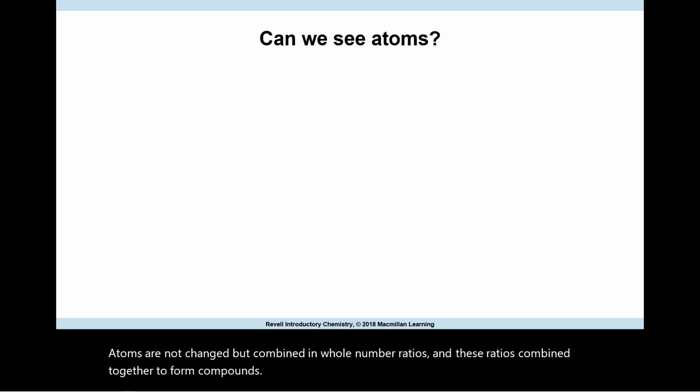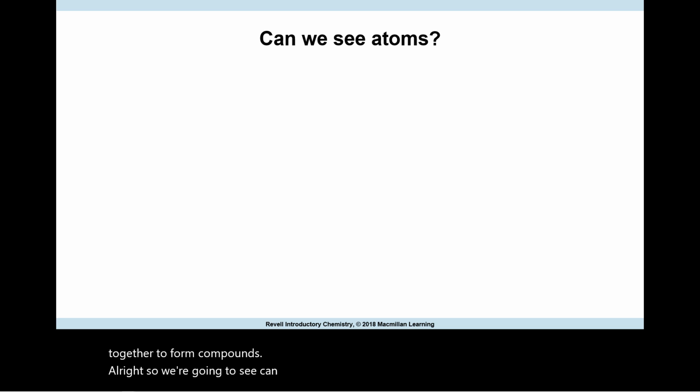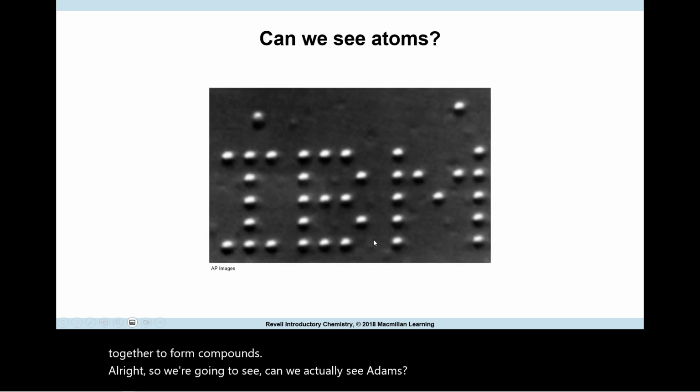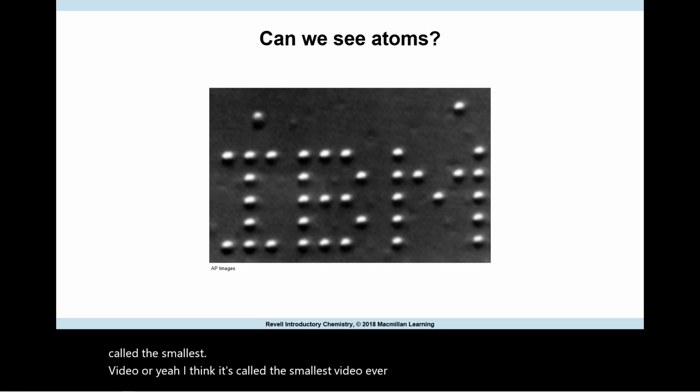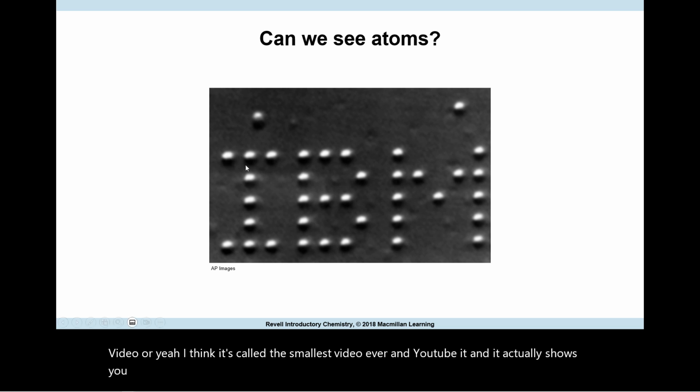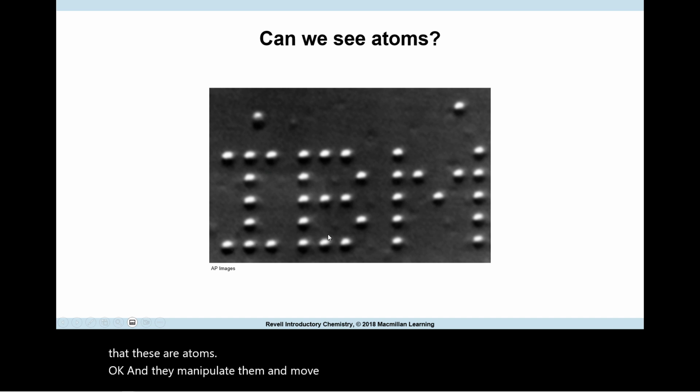All right, so can we actually see atoms? In this image right here, there's actually a video out there that you could YouTube. It's called The Smallest Video Ever, and it shows you that these are atoms, and they manipulate them and move them around through some sort of high magnetic resonance.